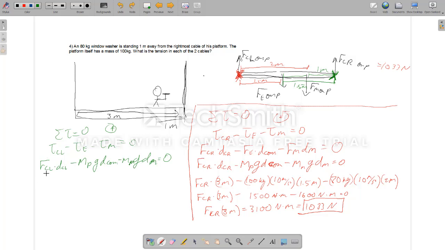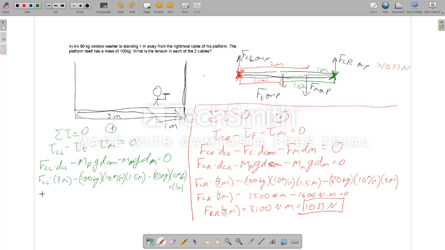We're going to start plugging things in. So we've got force cable left times the distance on the left, which was 3 meters to the left cable, minus the mass of the platform, which is 100 kilograms, times g, which is 10, times the distance, which was 1.5 meters, minus the mass of the person, which is 80 kilograms, times g, which is 10, times the distance to the person, which is 1 meter.